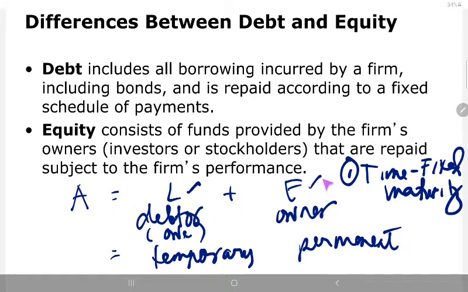But with equity, di ba, there will be no maturity. See, when you issue stocks, wala naman siyang maturity date. Pagka nangutang ka, di ba, talaga namang alam mo kailangan mong magbayad, no? Whether it be short term or long term, of which they are going to have claim doon sa asset mo.